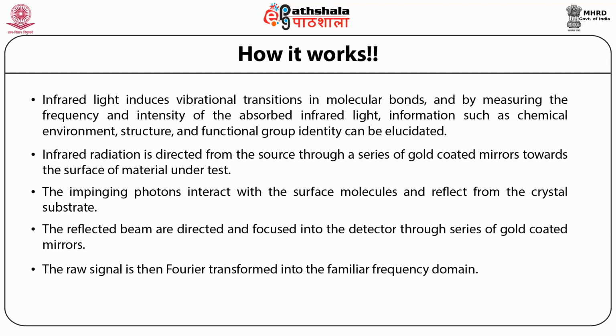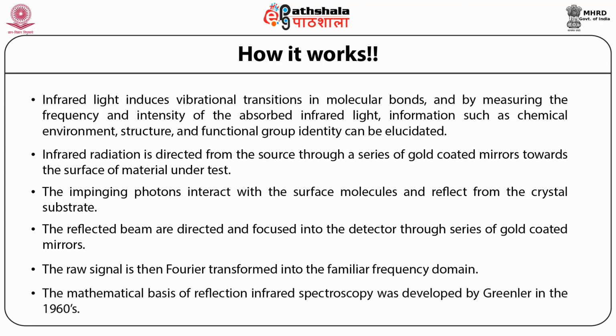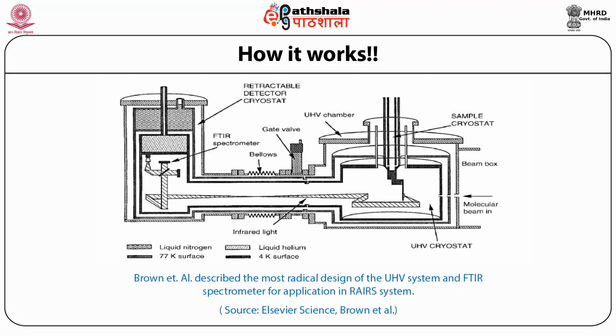The reflected beam goes to the detector through a series of gold-coated mirrors, and then we find that this raw signal is Fourier transformed. The mathematical basis of reflection infrared spectroscopy was developed by Greenler in the 1960s. This gives a flow diagram of this particular kind of spectroscopy, wherein the detector and the analyzer are both shown.